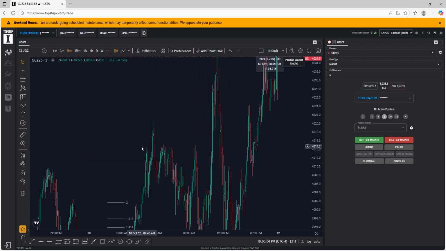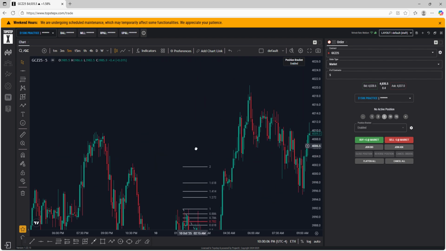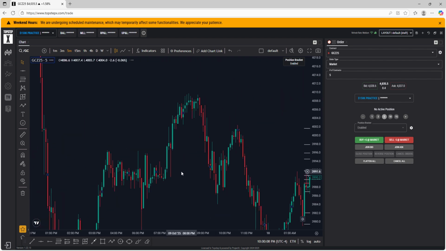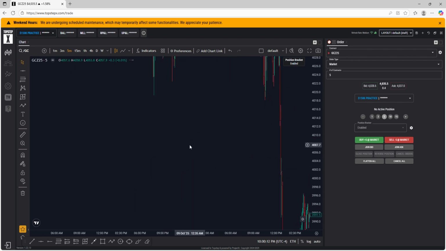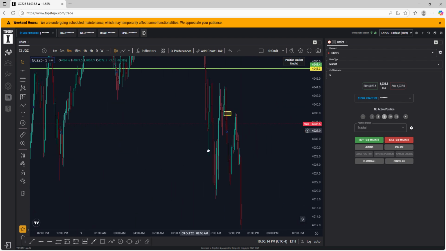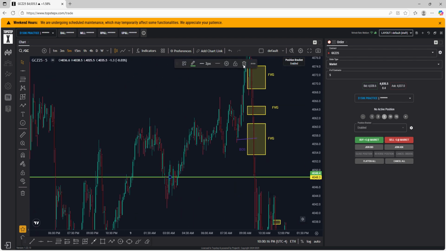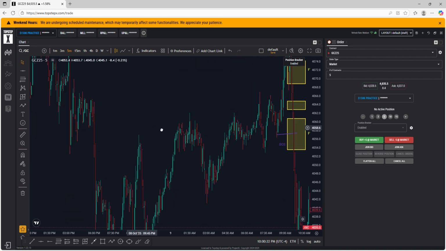So let's say you're getting something. Let's see if I have an engulfing candle that's gonna break structure. No. Let's delete that. Let's see if I have an engulfing that breaks structure.